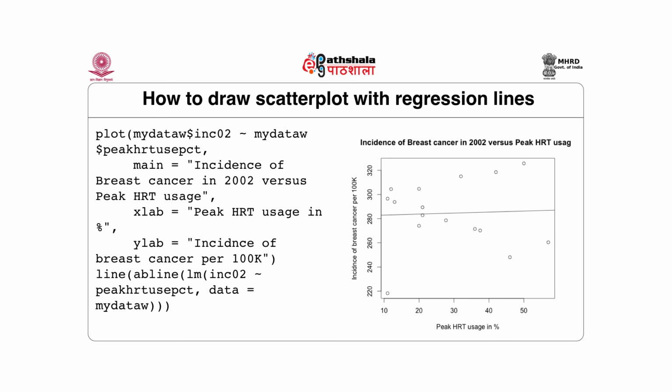We will later see that you can actually change the colors of this line as well. So let's take a look at how we can change colors in our graphs.